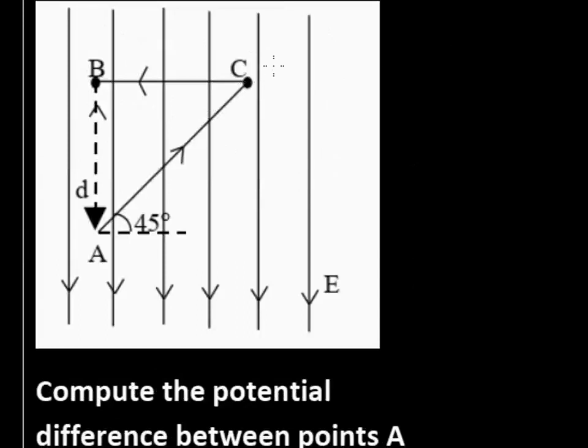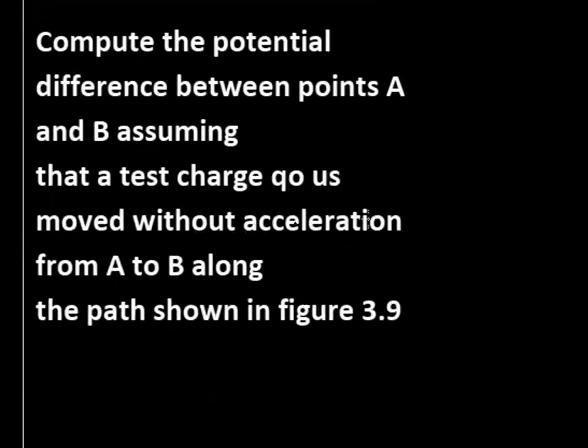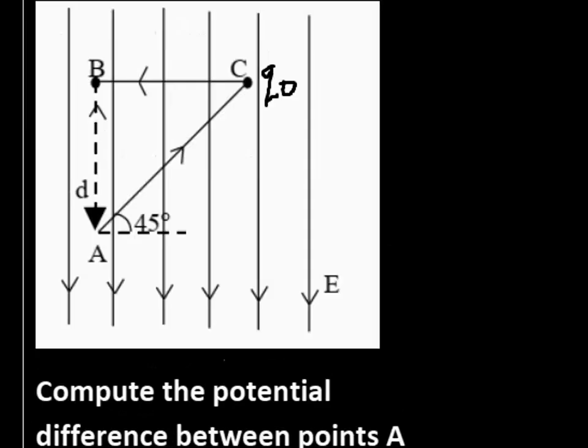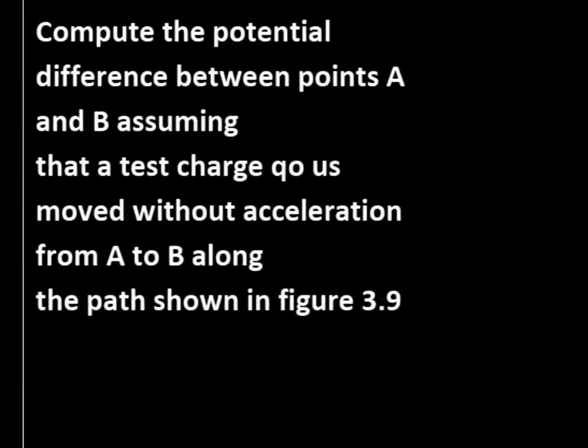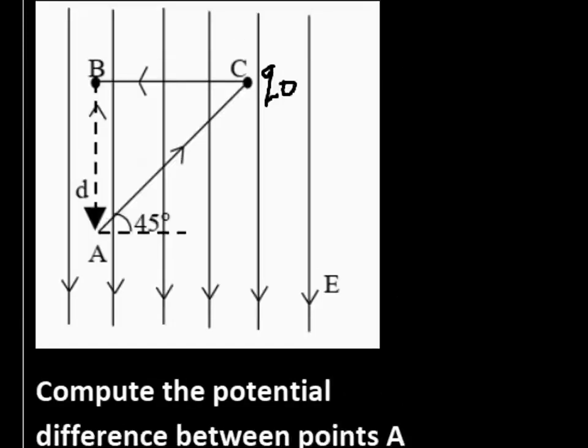The test charge Q0 is at C, and it is moved from A to B. So for me to get the difference in potential from A to B, I need to get the potential at A, which you know already, and the potential at B, then I subtract.